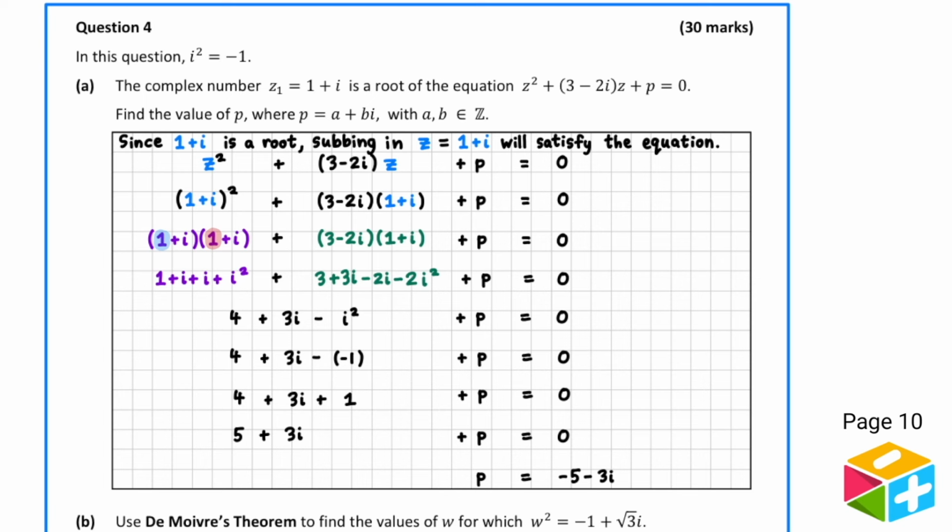In purple, we'll have 1 times 1, which is 1, 1 times i, which is i, i times 1, which is i, and i times i, which is i squared. In green, we'll have 3 times 1, which is 3, 3 times i, which is plus 3i, minus 2i times 1, which is minus 2i, and minus 2i times i, which is minus 2i squared.